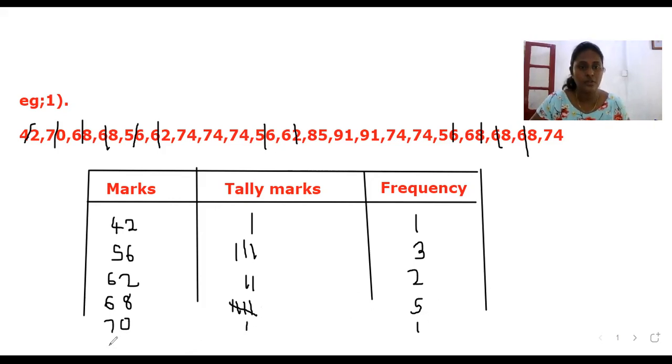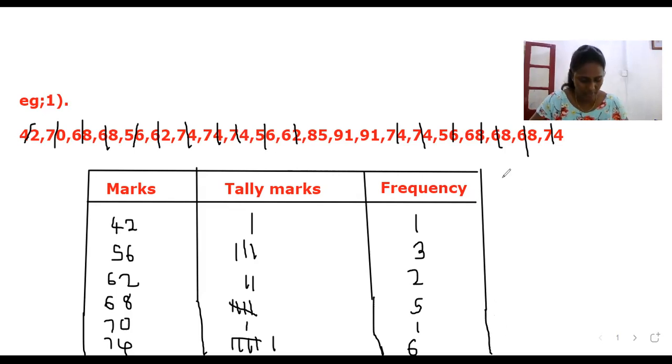Then 74. For 74, we have 1, 2, 3, 4, 5, 6. We have 74 six times. Now I don't have the space to continue, so you can continue this table.